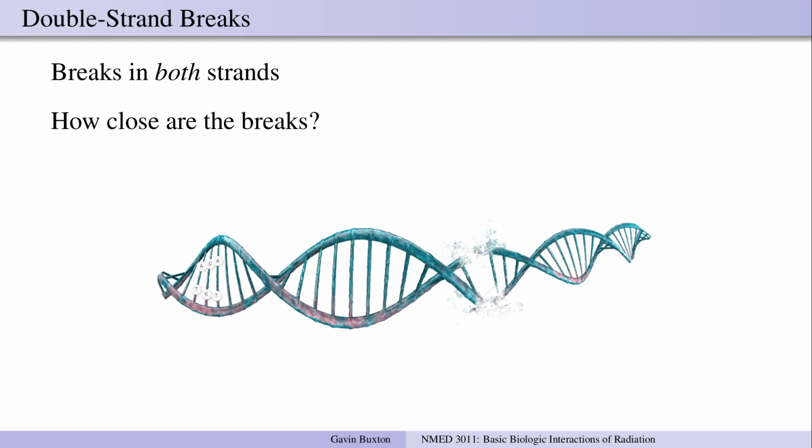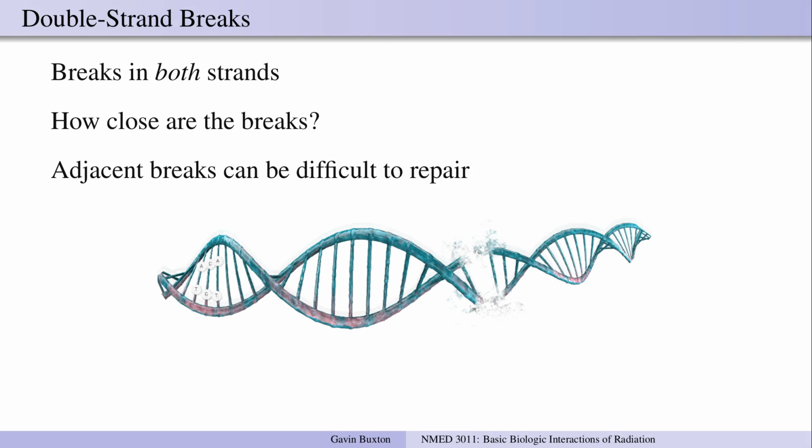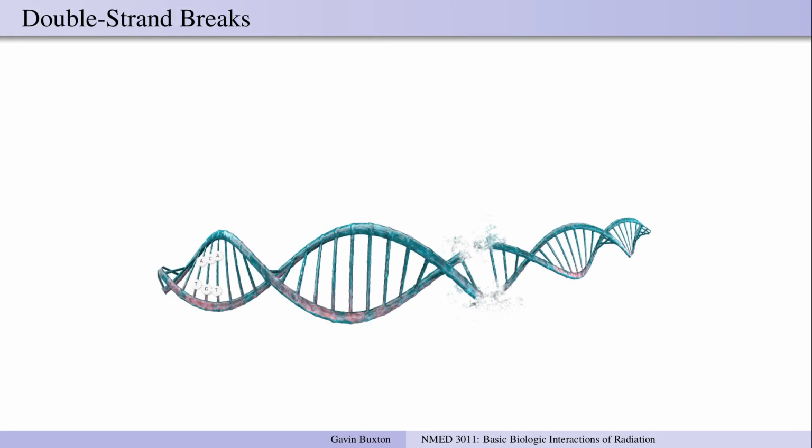Then essentially the chromatin snaps into two pieces, which is the same as a double break. And because the template is lost, this is not so easily repaired. Now, this will most likely cause the cells to die, although it could cause carcinogenesis, the initiation of cancer formation, or mutations.